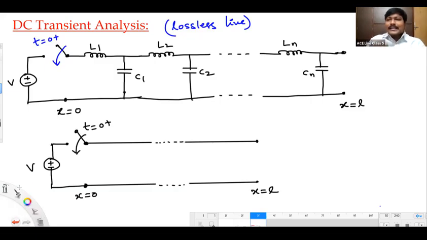Before doing this transient analysis or transient study, first we should write the initial conditions. What are the initial conditions of the system? Initial conditions are very simple to write here. We don't have any stored energy in the transmission line wire. There is no energy stored in the transmission line. That's the initial condition what we are going to keep now.